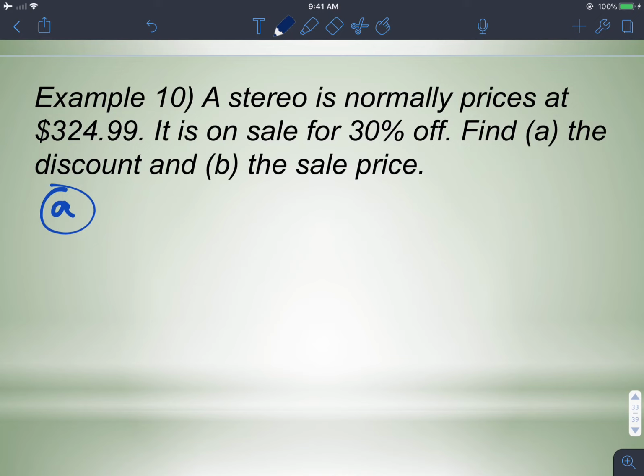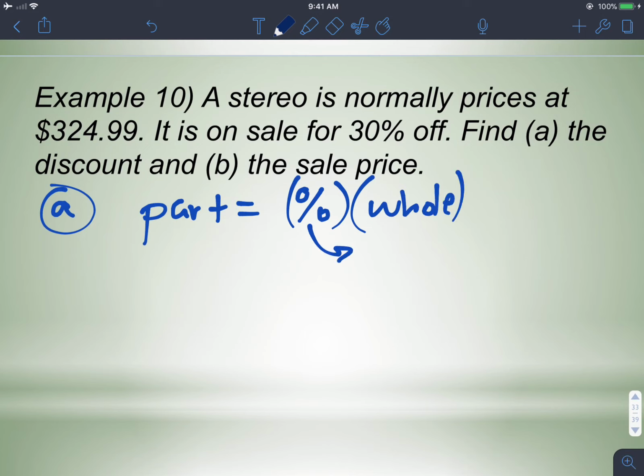I'll remind you of the percent equation that we wrote. Part equals percent times whole. Let's get some people involved here. What do I know? Any takers? Go ahead, what do I know? The discount, I got 97.50 off.